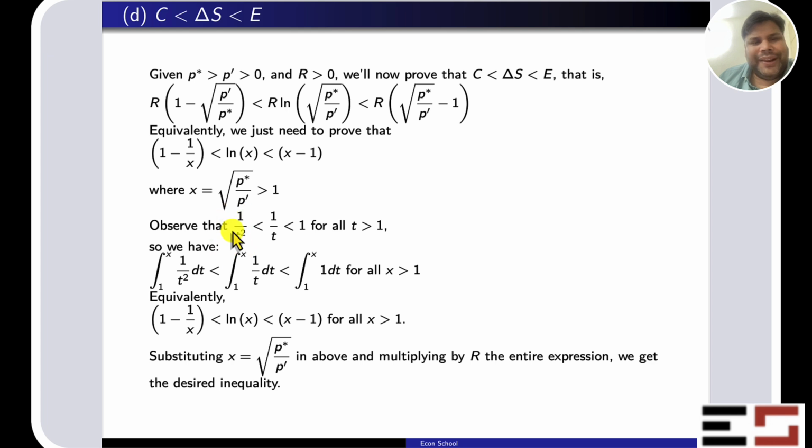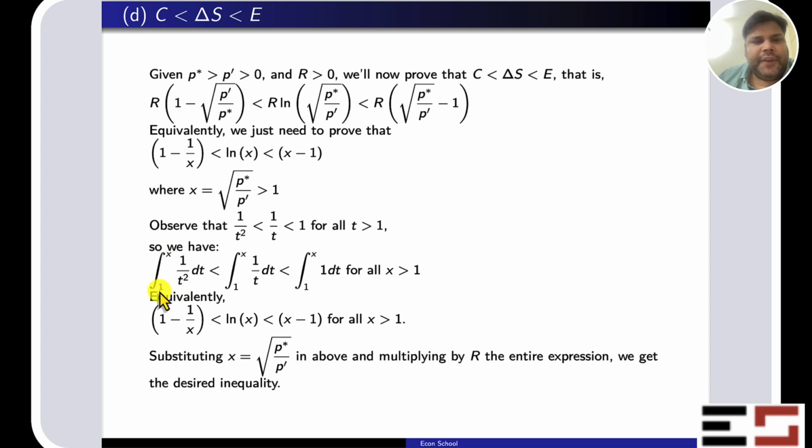So if we calculate the definite integral of these three expressions from 1 to x, the inequality will still hold, because we are integrating a function which is always smaller than the latter one, and the definite integral will maintain the same inequality.